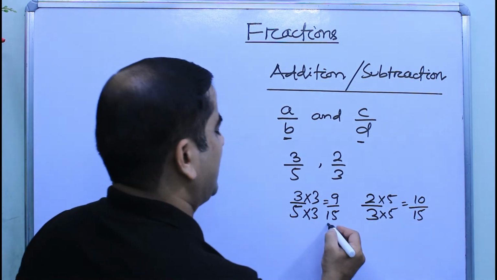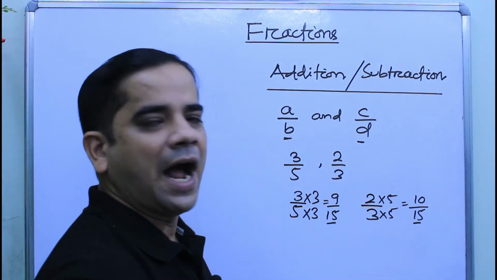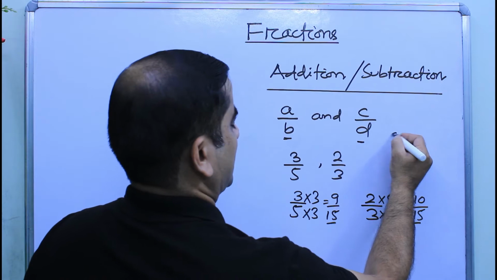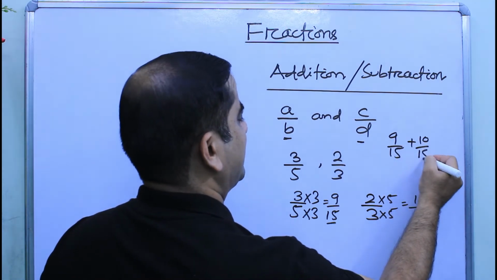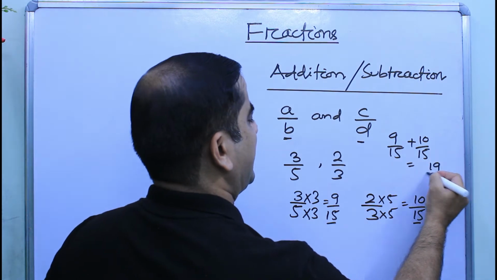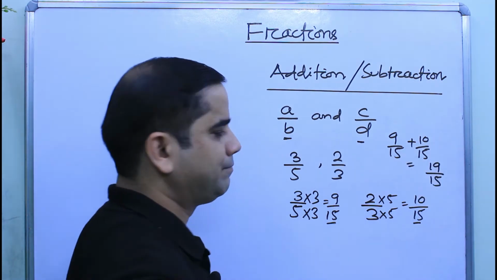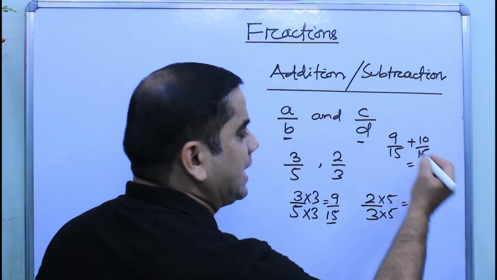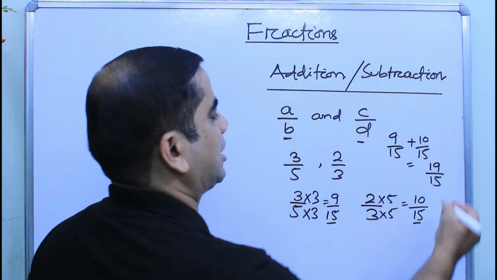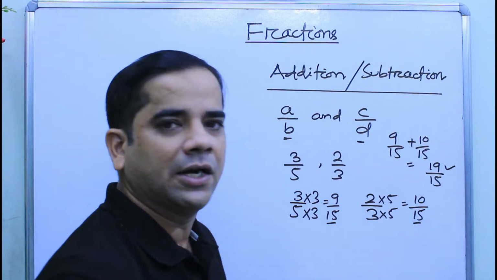Now as I have equal denominators, I can add them. 9 by 15 plus 10 by 15 gives me 19 by 15. Students, you need to understand that this is an improper fraction because the numerator is greater than the denominator.